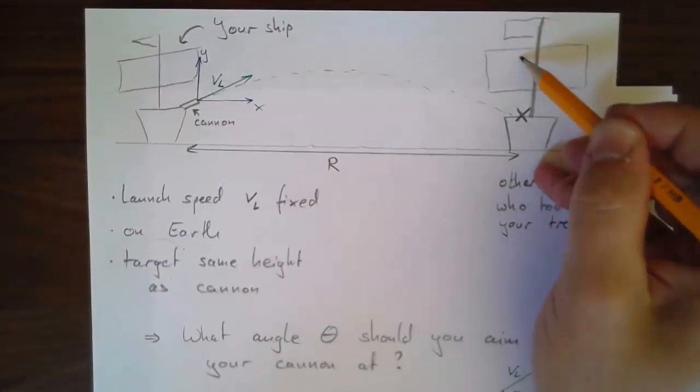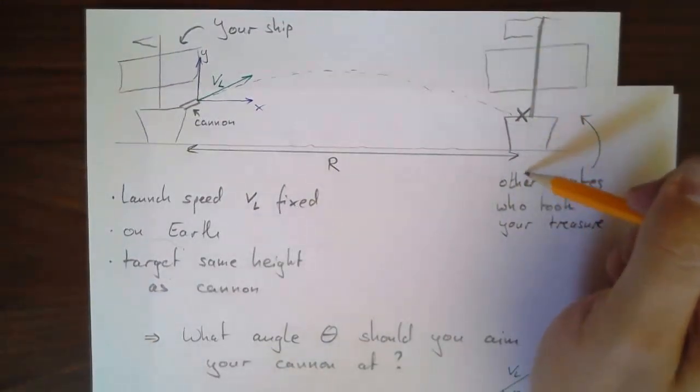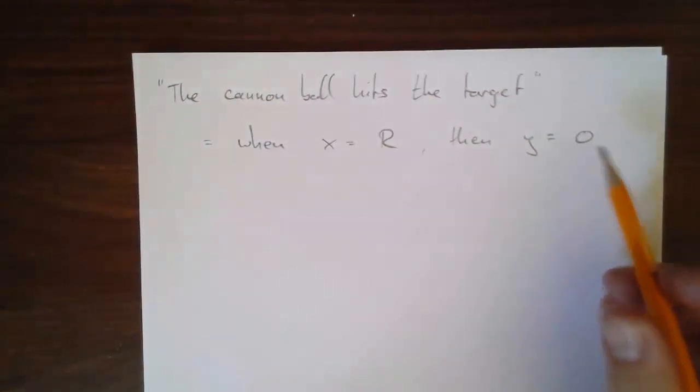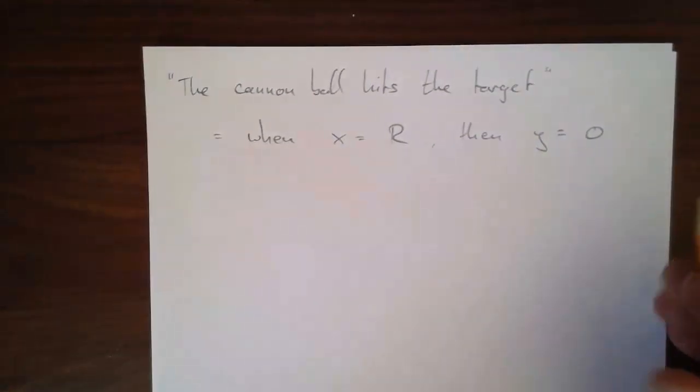If the height of the ball was not 0, it might be positive, then the ball would be up here. It might be negative, the ball might be down there. Then we've missed. So this is what we want.